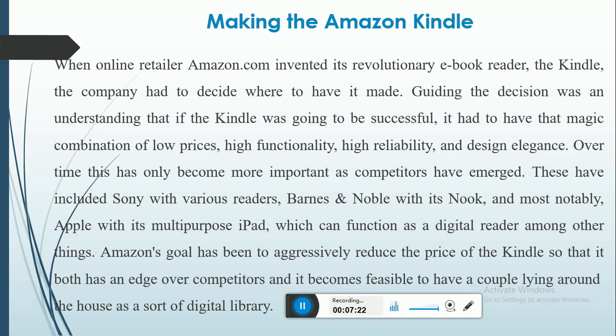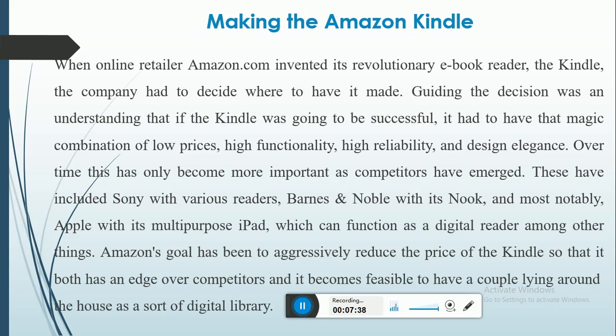So you see that they are facing high competition from Sony, and from Apple with its iPad, and also Sony has various readers, different products as well.